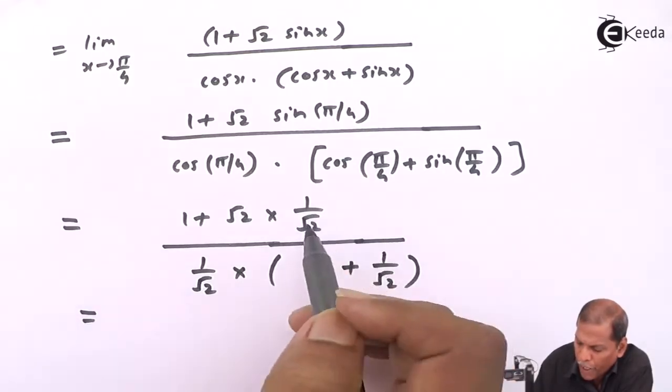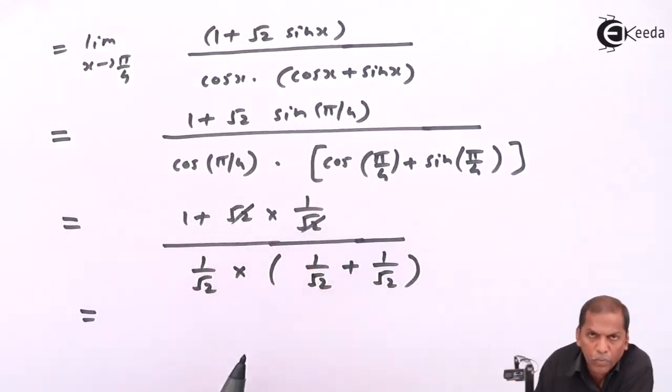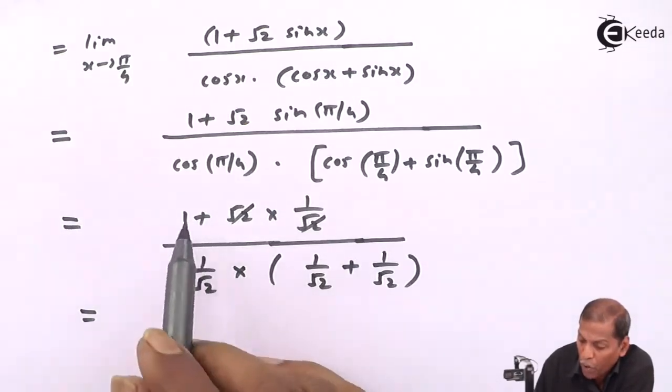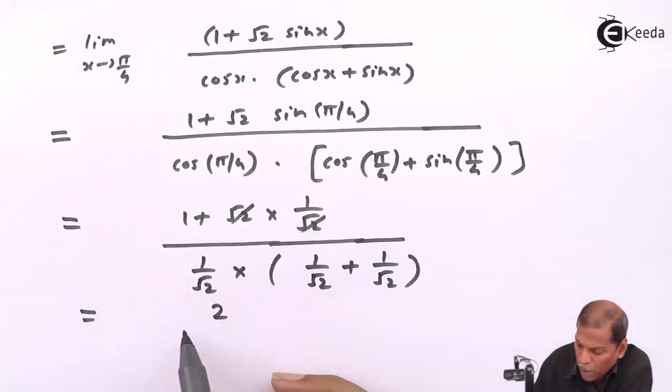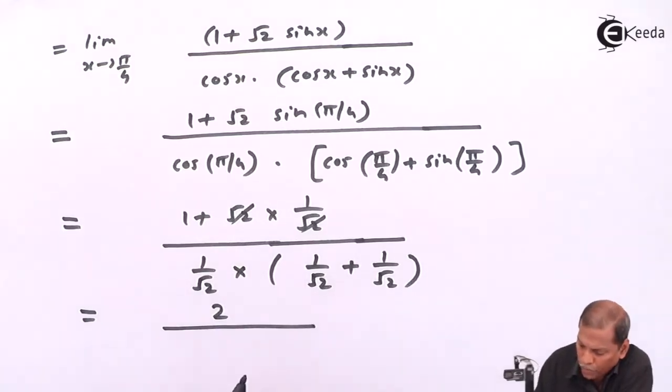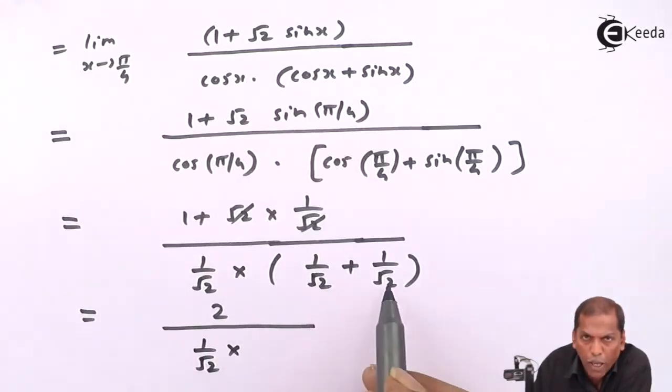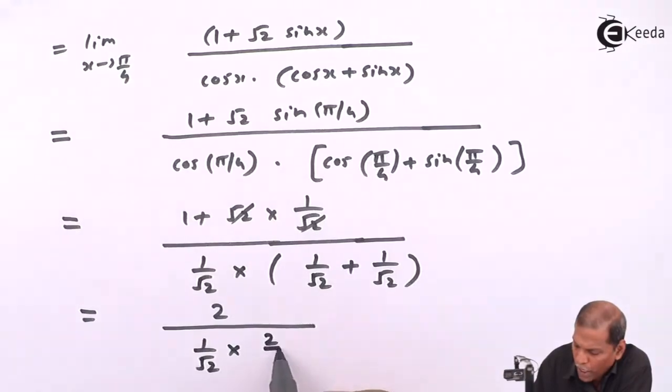So on simplifying, we cancel root 2 in the numerator and denominator. In the numerator we have 1 plus 1, that gives answer 2. Then in the denominator we write 1 by root 2 as it is, and in bracket we have 1 by root 2 plus 1 by root 2, so that gives 2 by root 2.